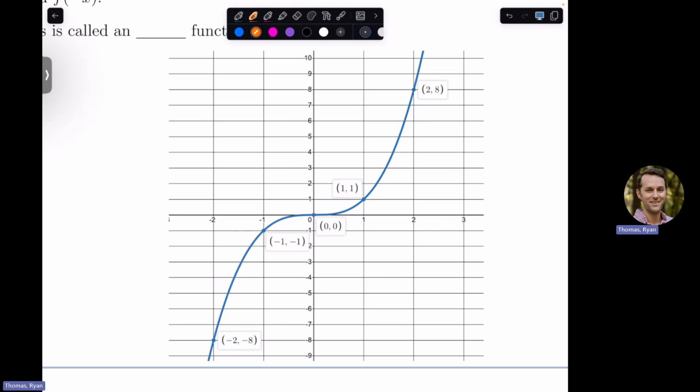You multiply a negative by a negative by a negative, you get a negative. They cancel in pairs. And 2 times 2 times 2 is 8. So -2 cubed is -8. -1 cubed is -1, 0 cubed is 0, 1 cubed is 1, 2 cubed is 8. So there you go. We've got these few points that I can point at. And again, all the messy stuff in between is there as well.